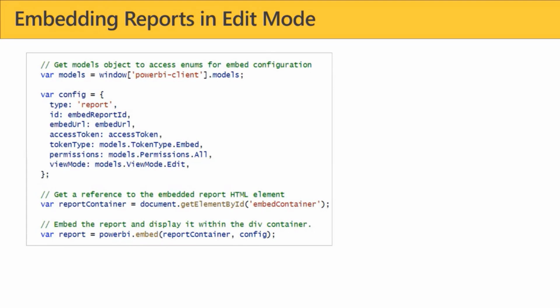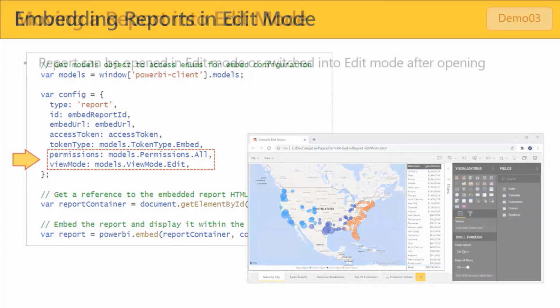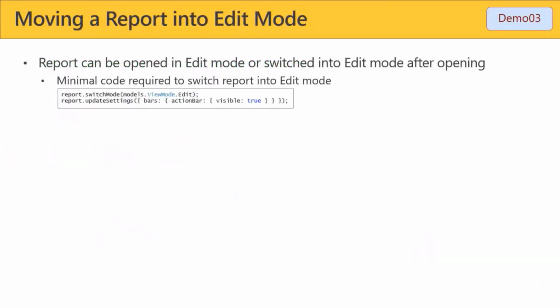a couple more sections we're going to go through. One is embedding reports. I'm going to go through this first part pretty quickly because I've covered this in other sessions, but we can open a report in edit mode, or we can switch into edit mode after the fact, just by switching report switch mode.